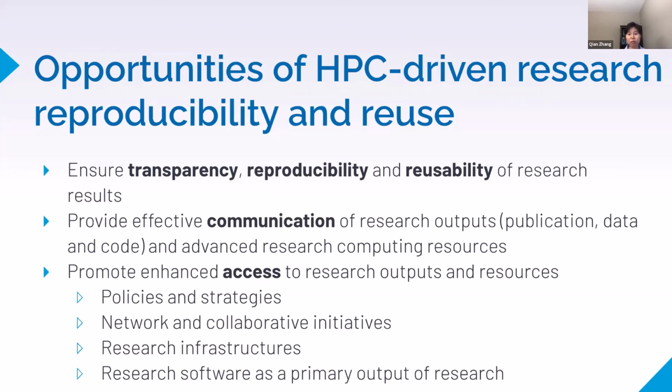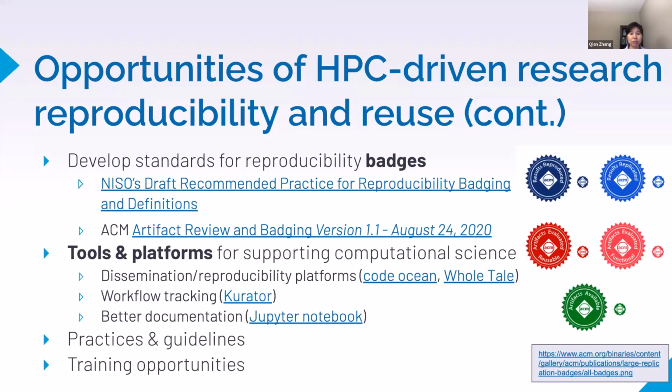The recognition of the role of research software in research, and the recognition of research software as a reusable product, and funding for it, will specifically help us with the sustainability and the reproducibility of the research itself. Some other opportunities include developing standards for reproducibility badges.